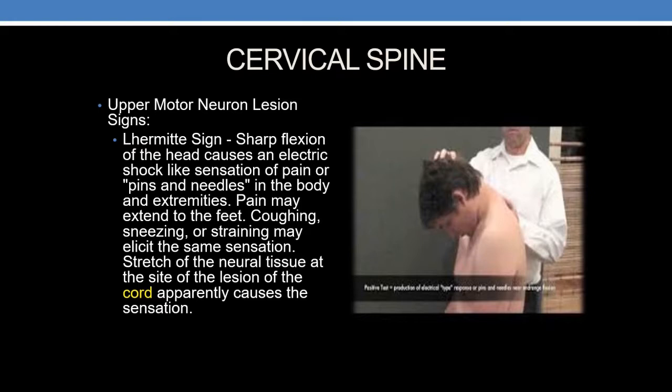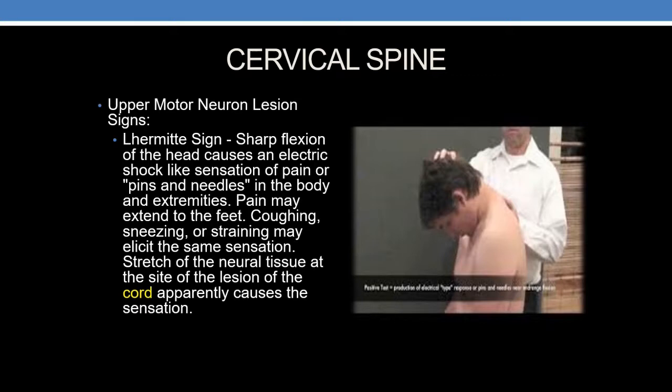With the Lhermitte sign, you as the examiner produce sharp flexion of the head on the neck, and in the presence of a spinal cord injury, your examinee will report an electric shock-like sensation or some pins and needles or other paresthesia sensation, typically sharp, throughout the body and or in the extremities, even down as far as the feet.